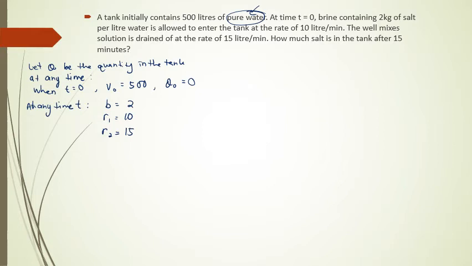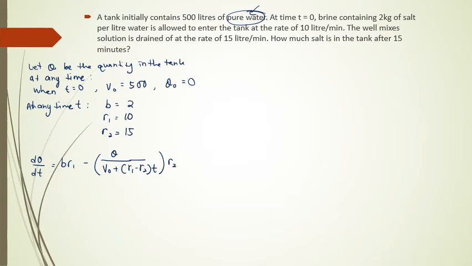So we know that our formula is, so dq over dt equal to B R1 minus Q over V naught plus R1 minus R2 times T, times with R2.